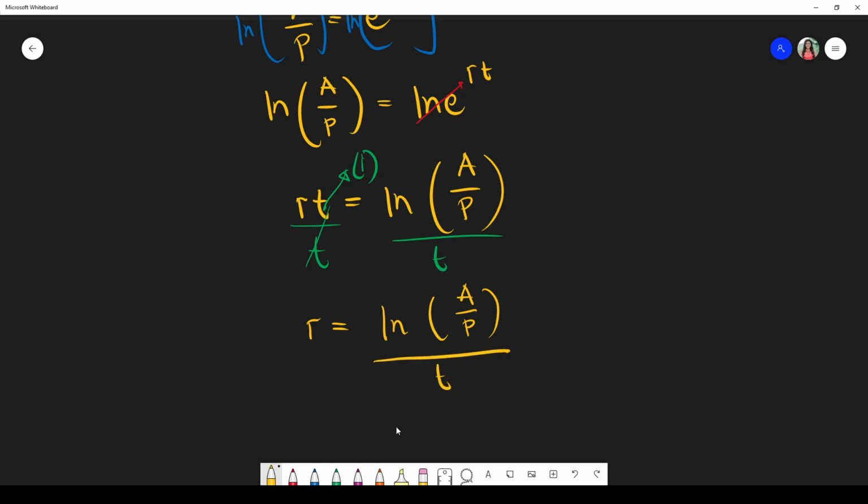And this is the formula if we want to solve for r. r is basically equal to the natural logarithm of the population after the growth divided by the initial population, all over the time of the growth.